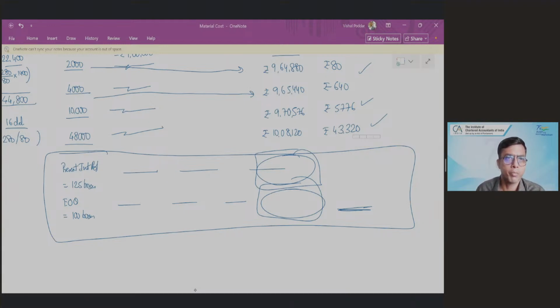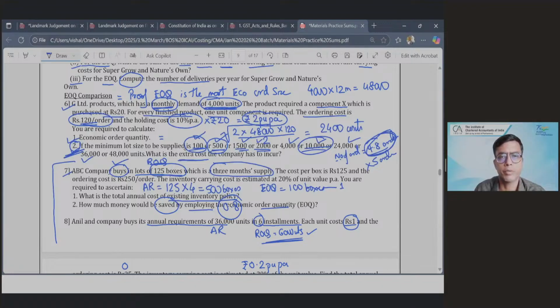We are taking a small break of 10 minutes. In the meantime, whoever wishes may solve so that you all can get the answers. Somebody has given me the answer of a previous question. I'll put it down for the benefit of all. The seventh question's answer, how much money would be saved by following EOQ?